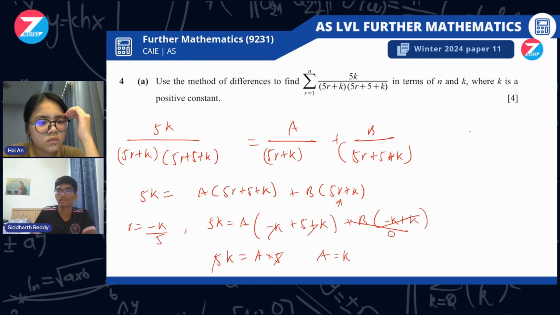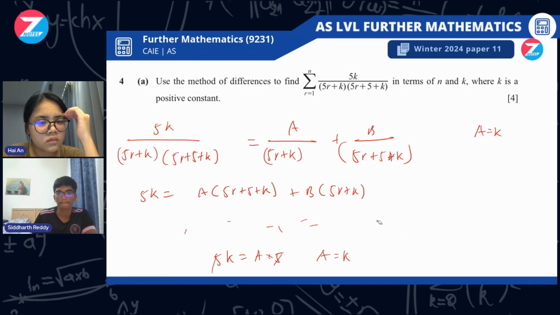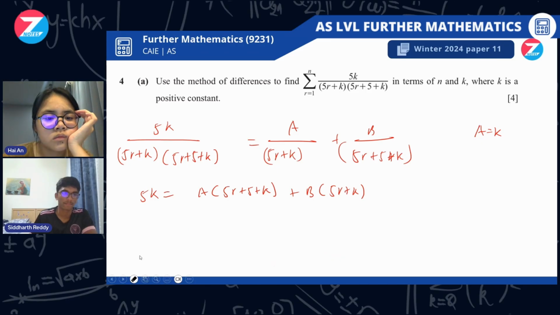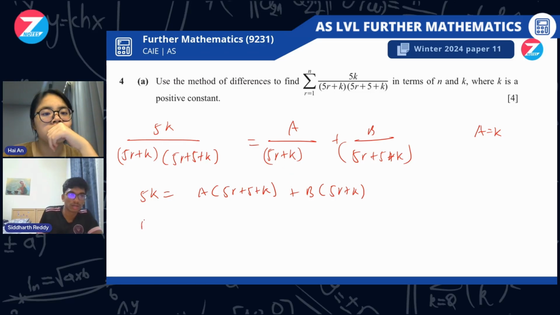So that's the first thing. I'll note it down here. Okay, and now let's try to eliminate this a part so we can find out the relation of b and k. So let's try putting r is equal to minus of 5 plus k by 5.